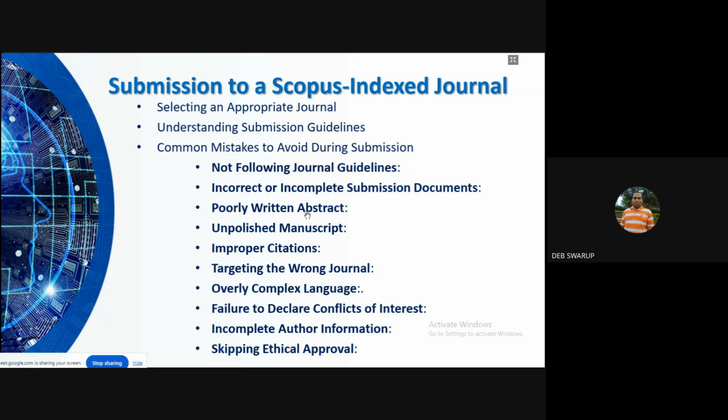Each journal has a guideline of its own. They give guidelines for how to write the abstract, how a title will be written, the number of words that can be used in the title, the number of words to be used in the abstract, the total number of words in a manuscript.